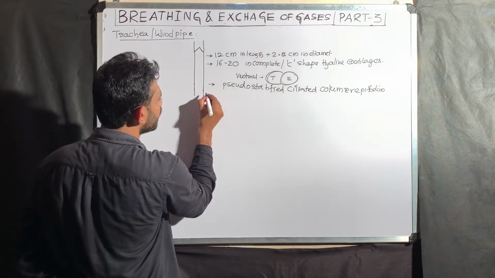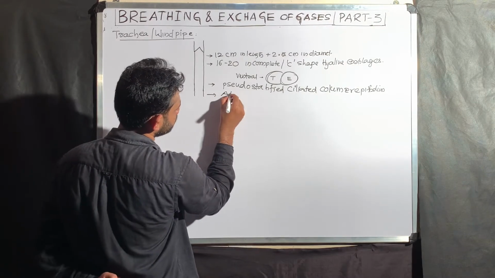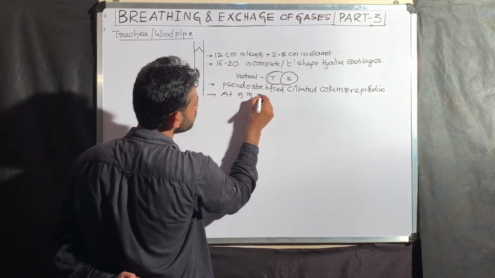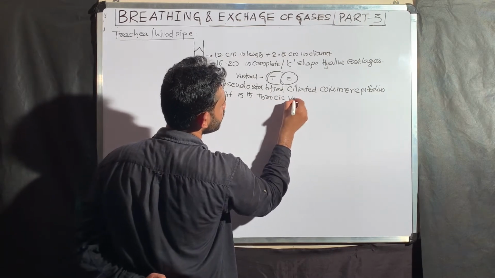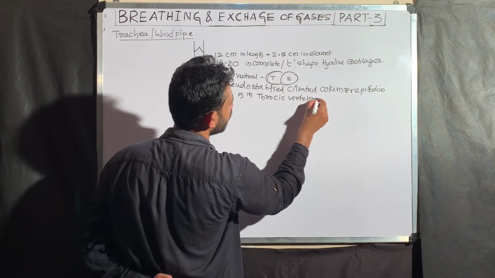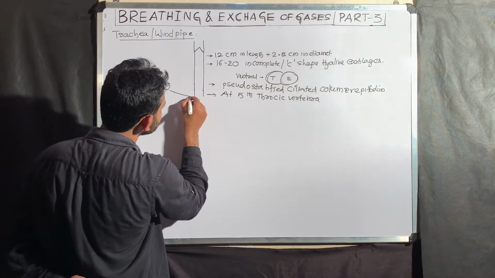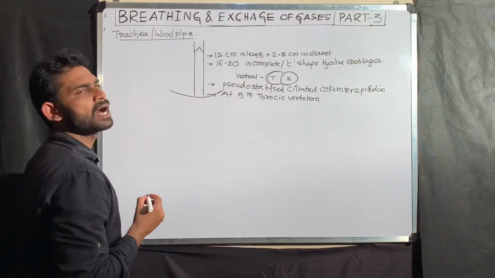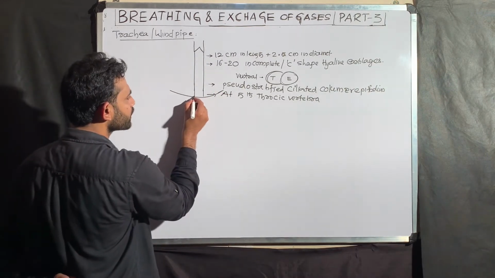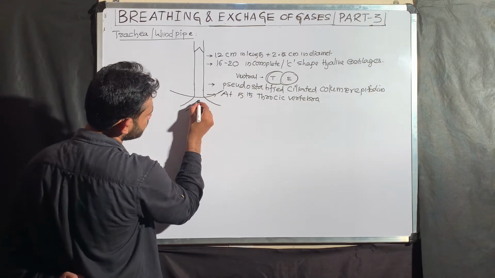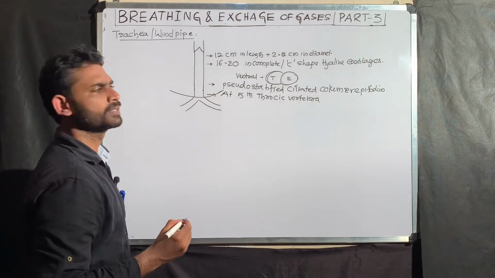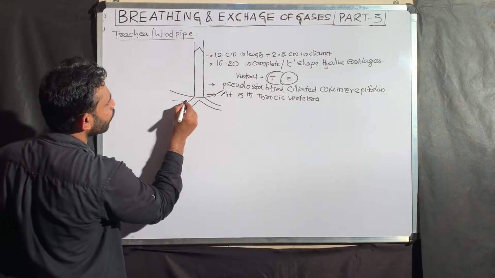This trachea, at the 5th thoracic vertebra, gets divided into primary bronchi.